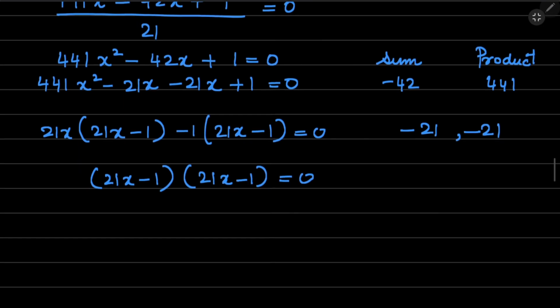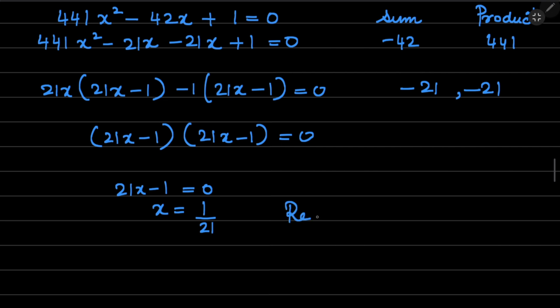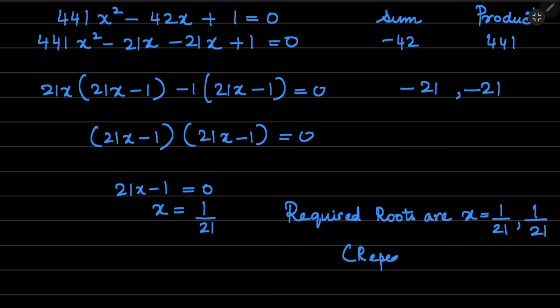So when you equate 21x minus 1 equal to 0, what do you get? x is equal to 1 by 21. So therefore, these are repeated roots. The roots of the equation are x is equal to 1 by 21, 1 by 21. These are called repeated roots.